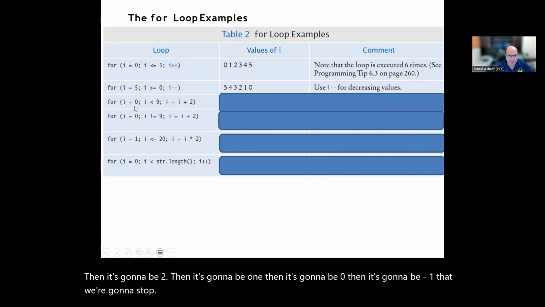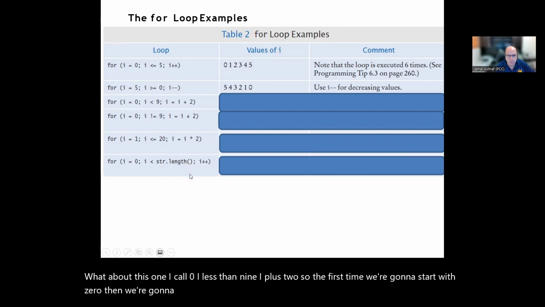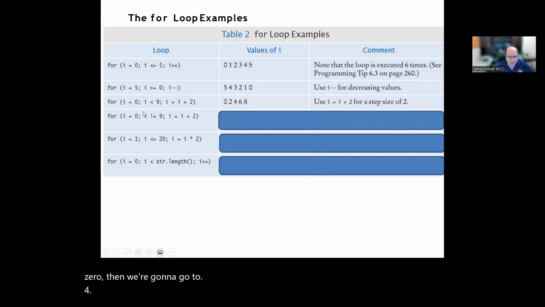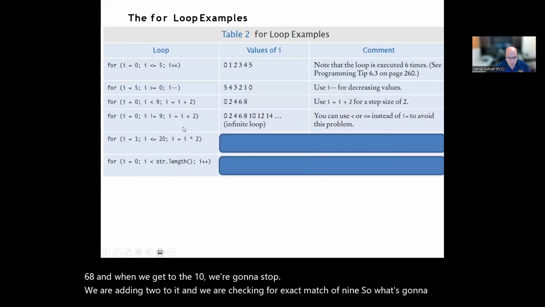What about this one? i equals 0, i less than 9, i plus 2. The first time we're going to start with 0, then we go 2, 4, 6, 8, and when we get to 10, we're going to stop. We are adding 2 to it, and we are checking for an exact match of 9. So it's going to jump over it.